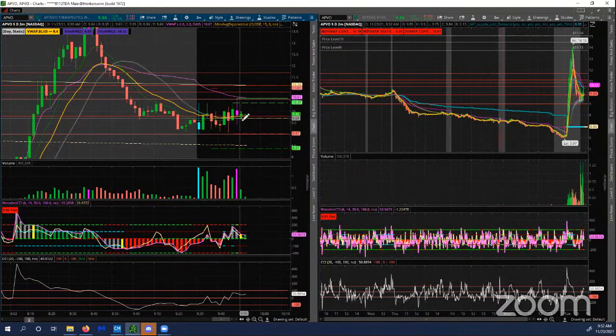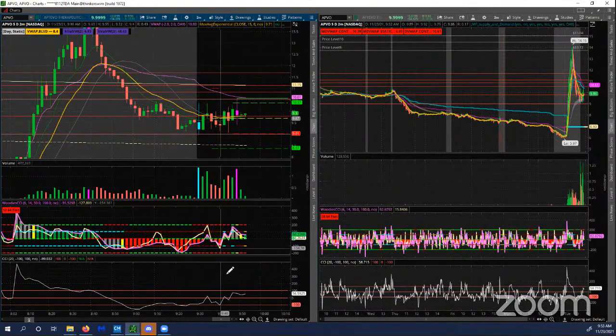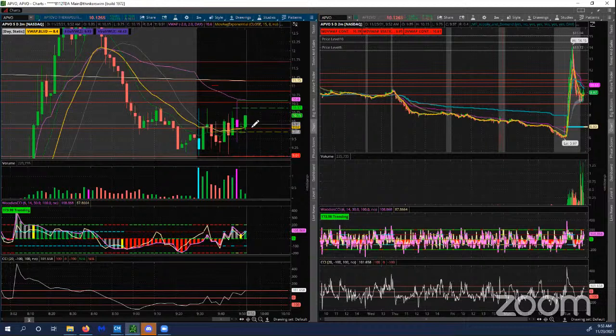AVPO. We don't have any divergence or anything. We've got higher lows. We got a hammer off the 15 EMA.